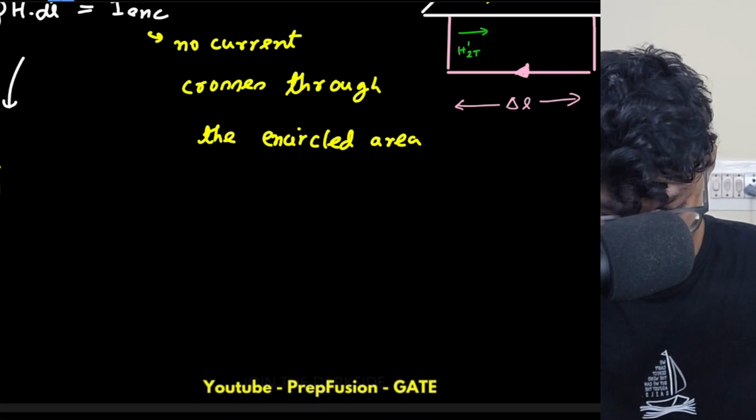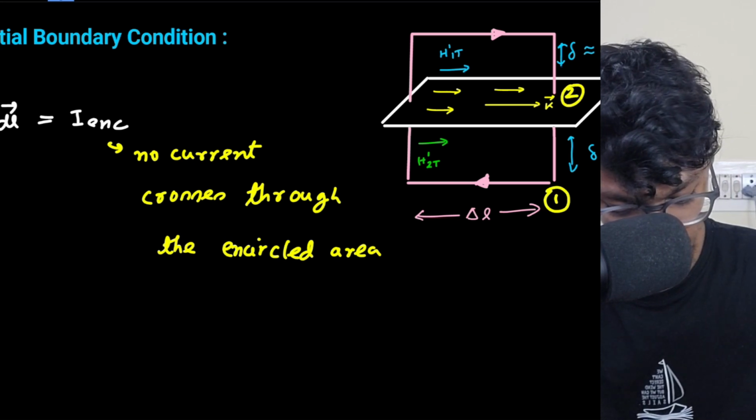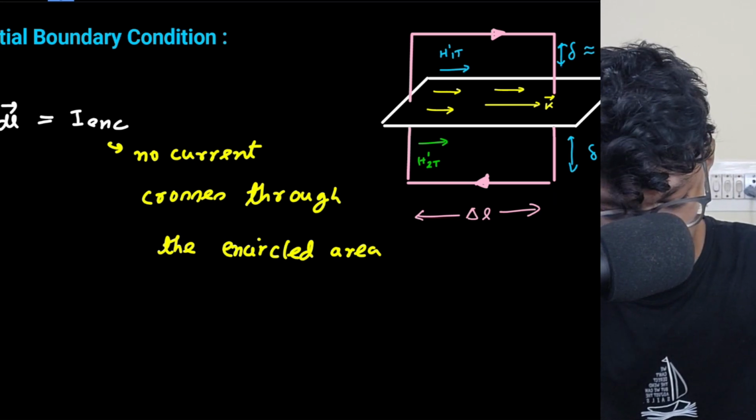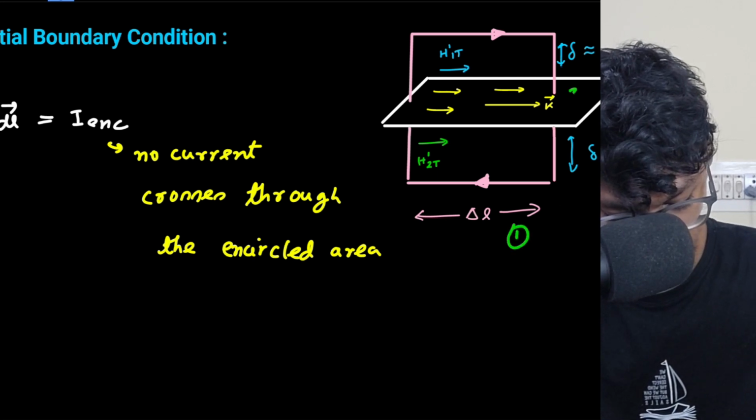The left hand side will be like, there can again be 4 sections. This is the first one, this is the second one.